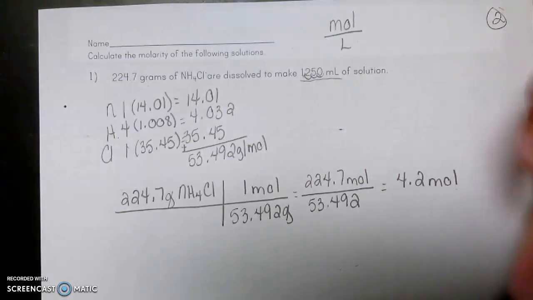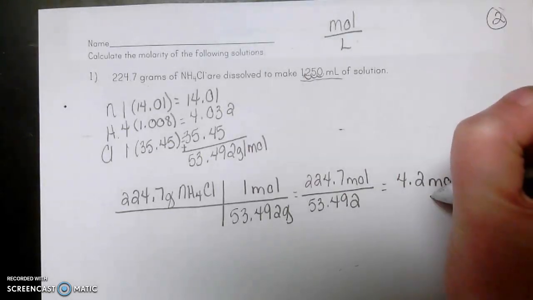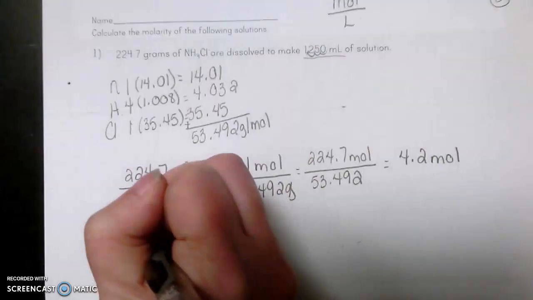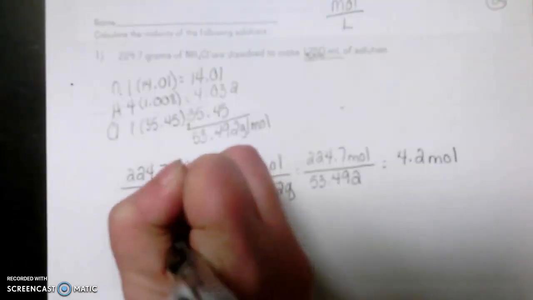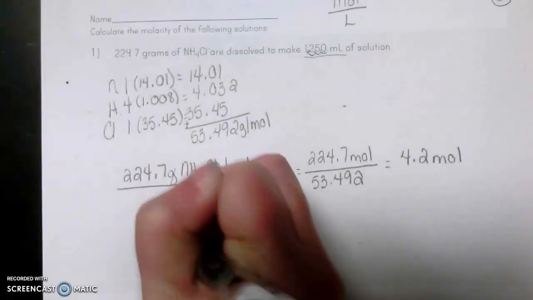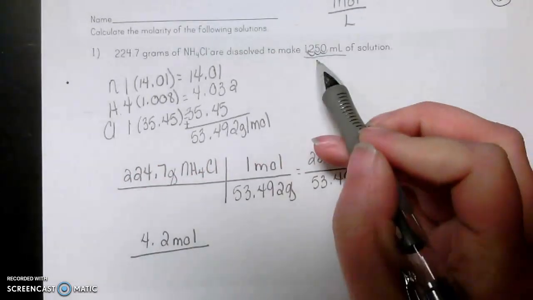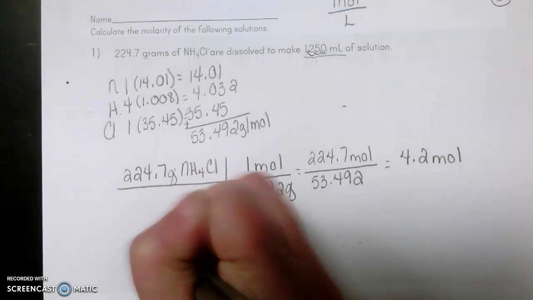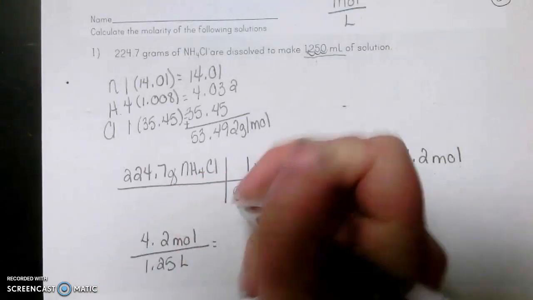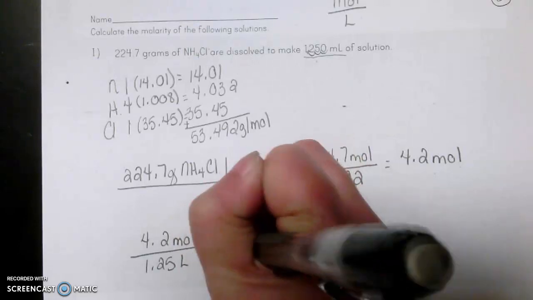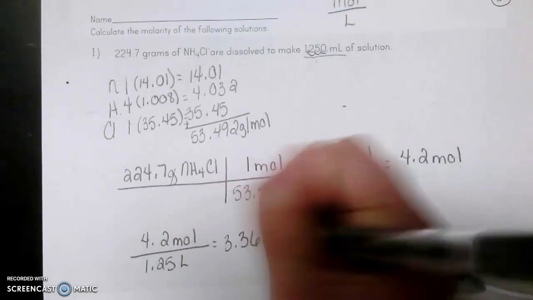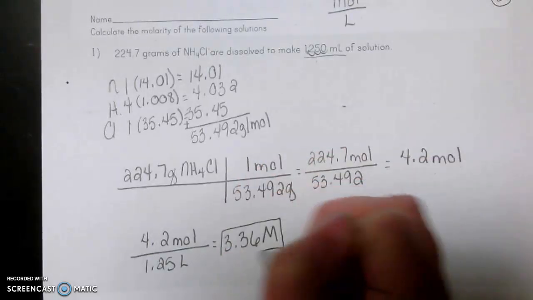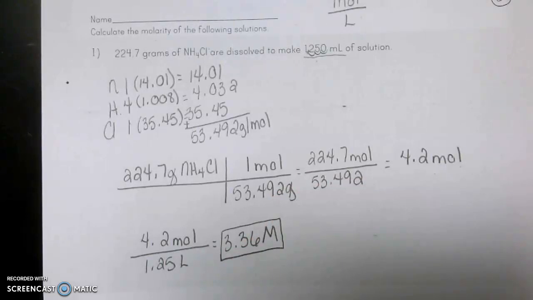And we're going to take 4.2 moles and divide it by this 1.25 liters. And we get 3.36 molar solution. And this is the answer you are looking for.